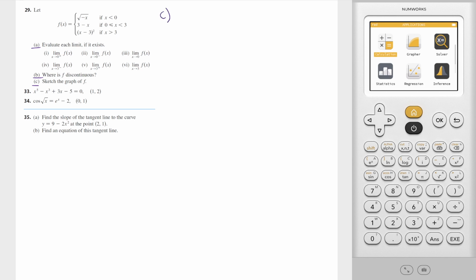And let me think about this. So my lowest value is 0, so I'm going to go, and I have to go past 3. So okay. So here we go. And so 1, 2, 3, 4, 5, 6, 7, 8.